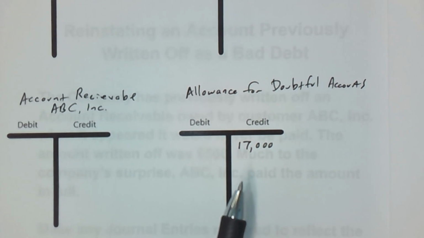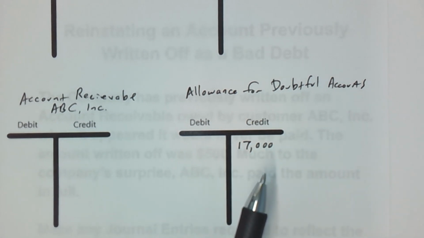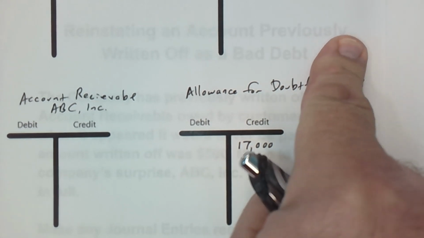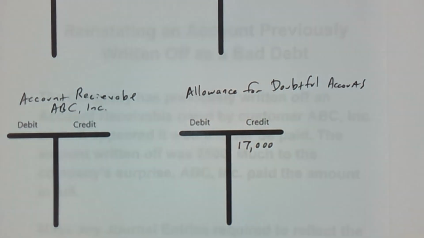In other words, what's the actual value, because we've allowed for how much we might be writing off in bad accounts. We know that a certain amount will not pay, and we account for that by using an allowance for doubtful accounts. And again, if you're not sure how that works, I've got a video linked up here that goes into more description on that.